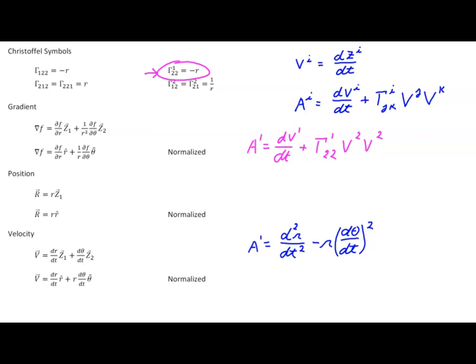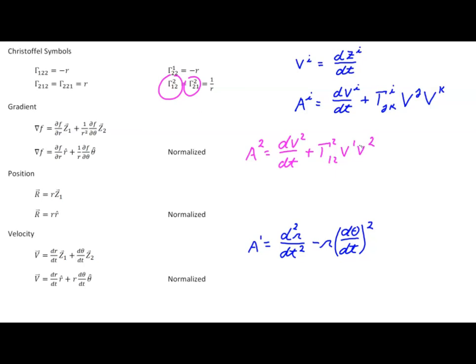All right, we'll work on A2 now. A2 will be equal to the time derivative of V2 with respect to t here. And now we have to include any Christoffel symbols with a 2 in the upper position, and there are 2 of them. So we'll have gamma 2, 1, 2 times V1, V2.